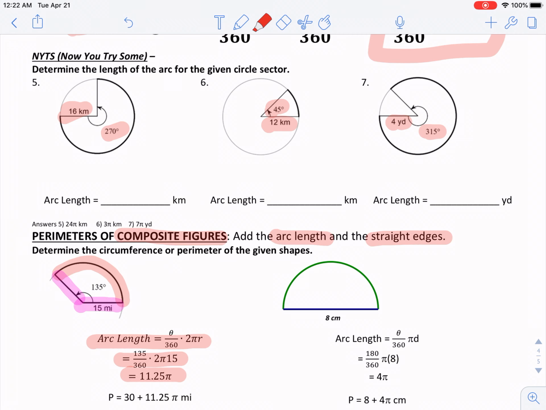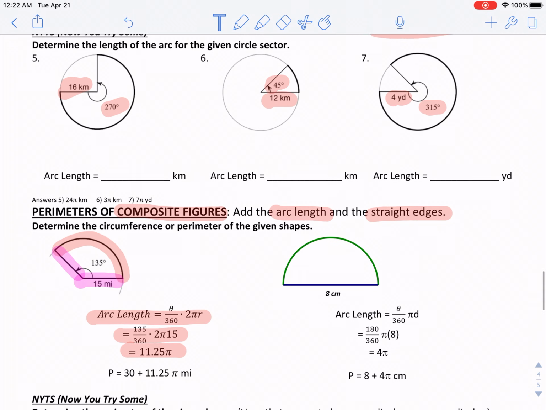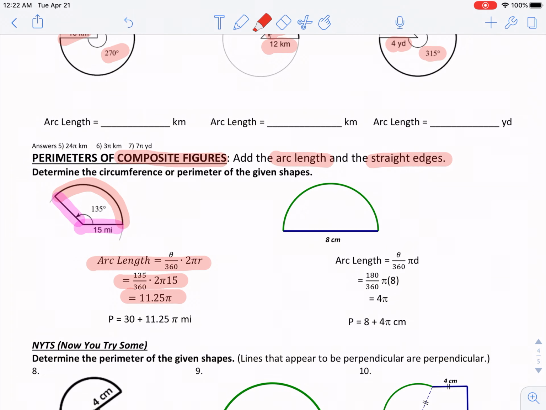Now, since they have it multiplied by 5, this 30 part is 15 plus 15, the 2 flat parts, or straight parts. Since there's no pi on the straight parts, they don't combine it with 11.25 pi. They just leave them separate.